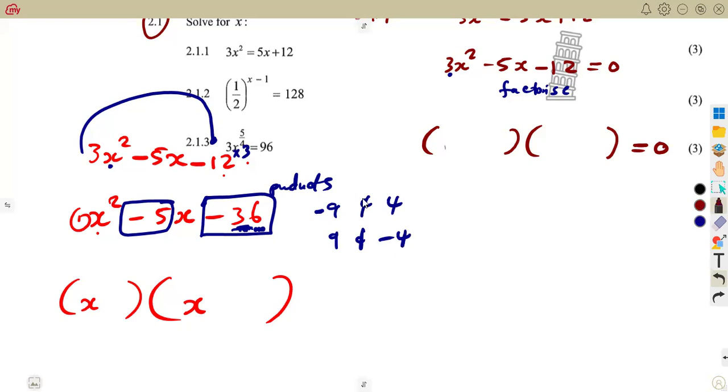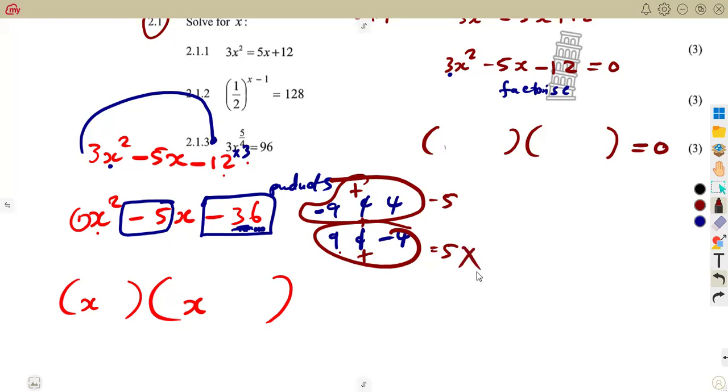Which pair, when we add, gives negative 5? If we add these two, we get negative 5. If we add these two on our calculator, it gives a positive 5, 9 plus minus 4, so we do not want this. We need negative 5, so that's negative 9 and 4. So negative 9 here plus 4.